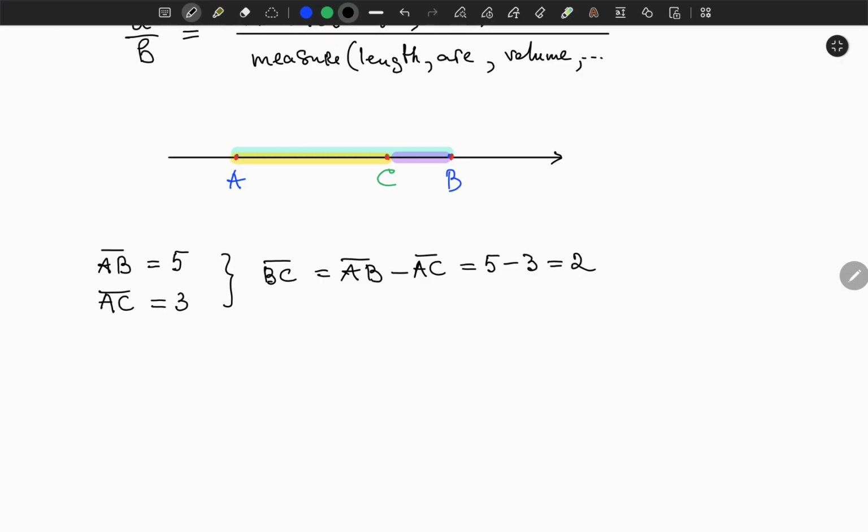Okay, now let's see what happens when we choose any parts of these numbers and try to see their ratio. What we can do is check BC to AC, AC to the whole length AB, or BC to the whole length AB.